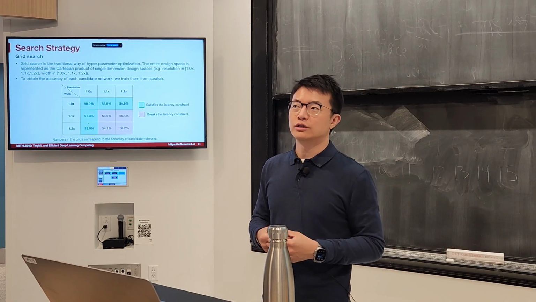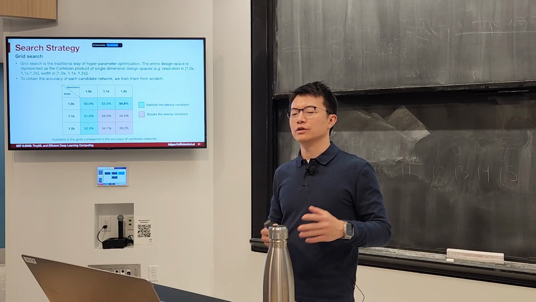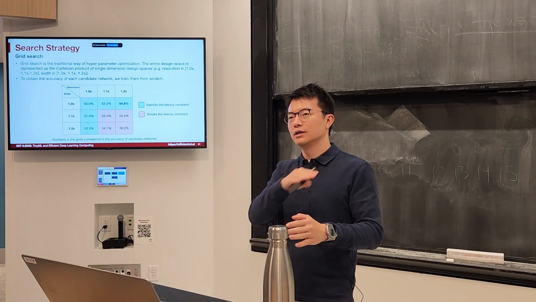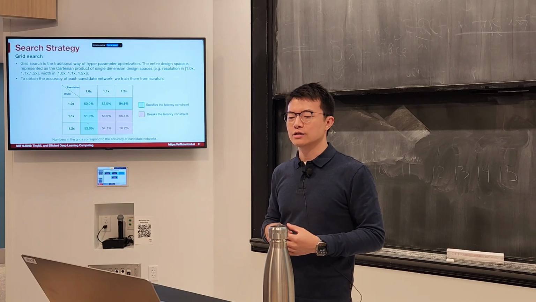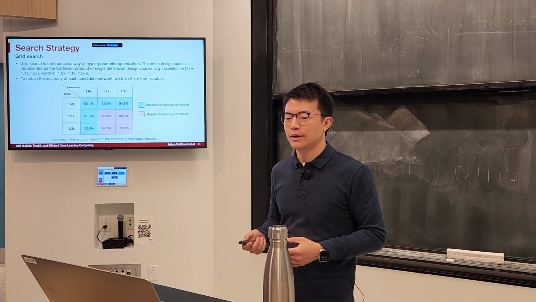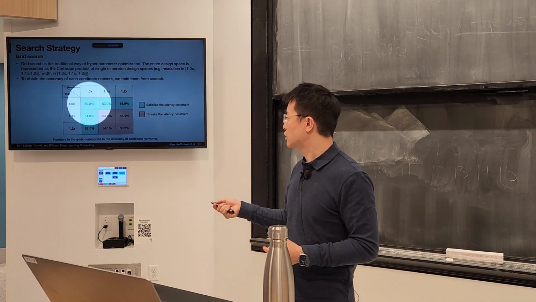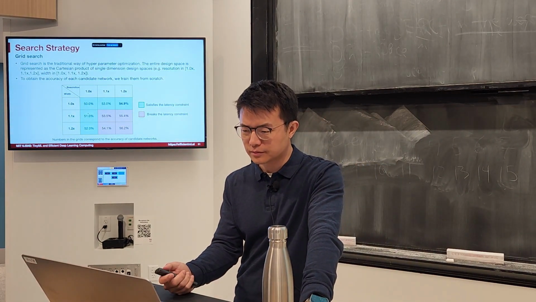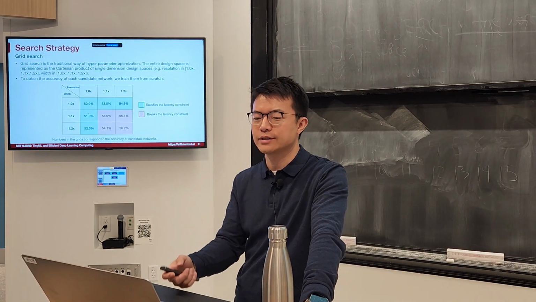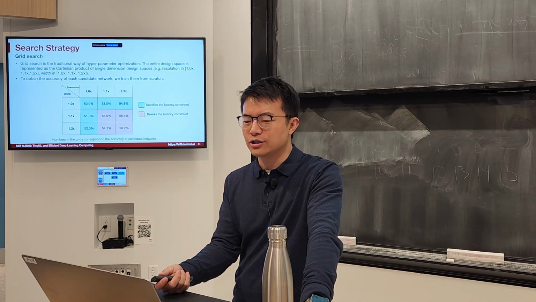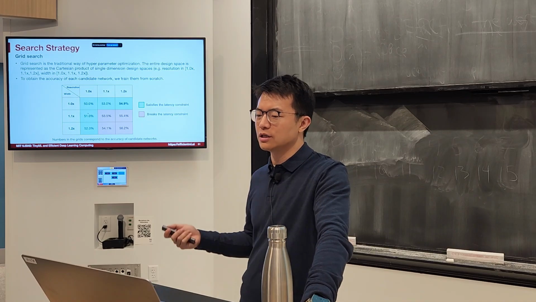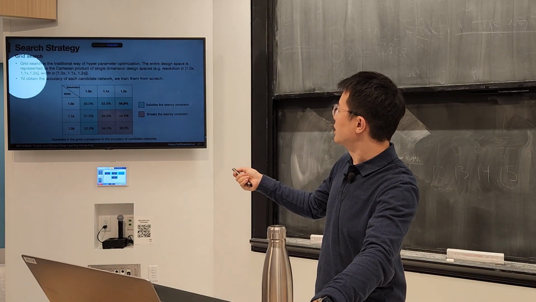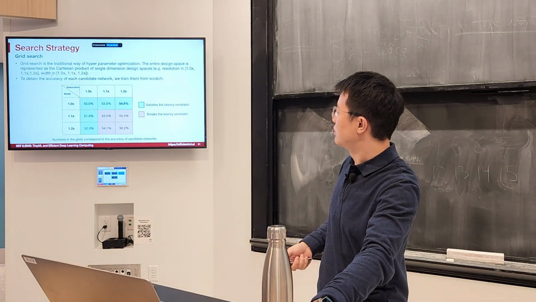We call it grid search because each dimension we can have a step size, and then we can have a grid by dividing the whole space into several smaller ones. Each dot on the grid is one design in the search space. So the entire search space is represented as the Cartesian product of a single dimension design spaces. Like this is basically the outer product between the resolution and the width.